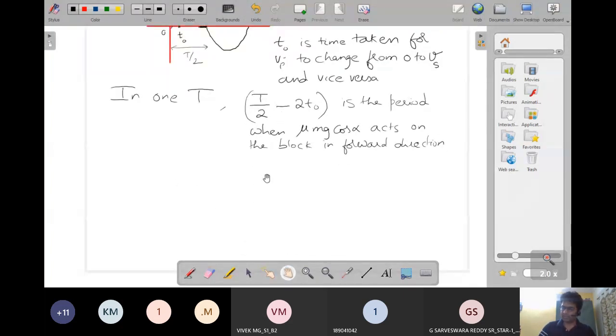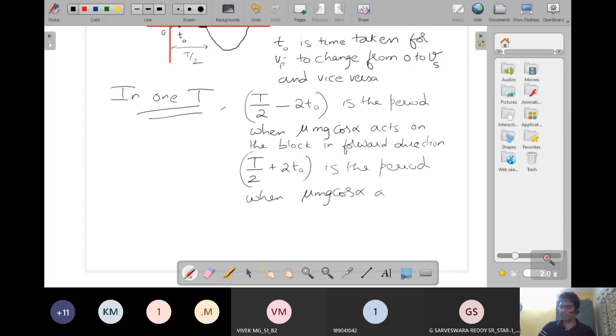Whereas the rest of the period, which is T by 2 plus 2 T naught, that is the rest of the period. Total time is T, and T by 2 plus 2 T naught is the period when mu mg cos alpha acts on the block in backward direction.